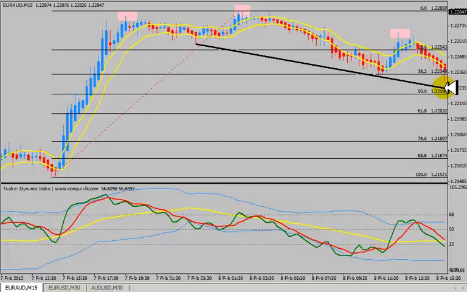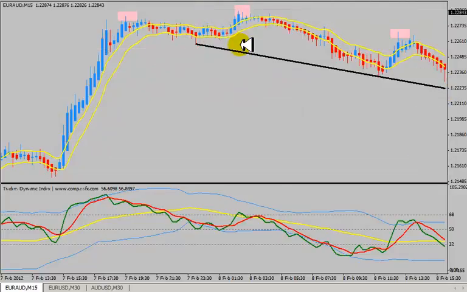If we don't get that, then what we're going to end up with is a double bottom instead of a head and shoulders. And it's real important that we don't get ourselves caught in one pattern when the market's turning into another pattern. So what we have here is a situation where the market pulls down and we get this bearish rising wedge right here, or a bearish rising flag scenario, and we fall back down.